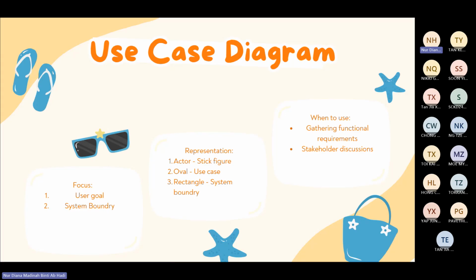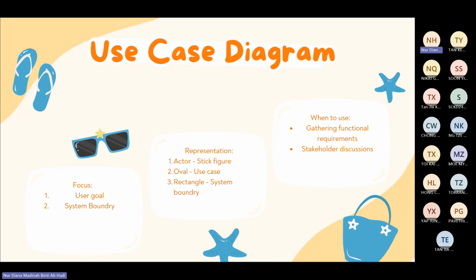Okay? When we talk about use case diagram, you use cases to illustrate a diagram. When you use cases to illustrate a diagram, you need to focus more on the user and how your system behaves, and you're going to have your system boundary. So for the representation, you need to have a stickman, known as actor.